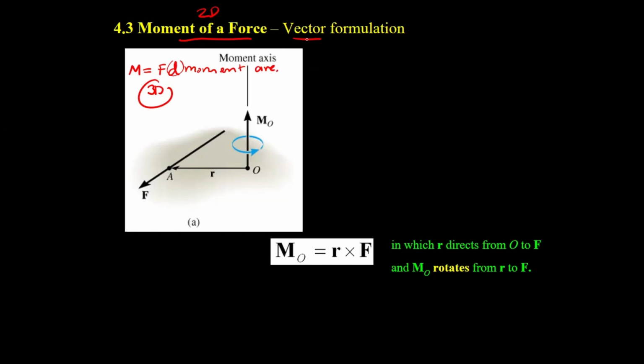Then for the moment in the form of a vector, we just take the moment vector. This is the moment vector equal to the position vector cross product with the force vector. This is a kind of cross product. Don't worry, I will mention how to do it.